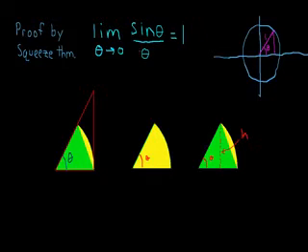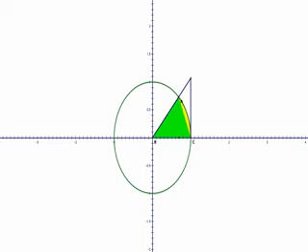Okay, so first things first, let's go to a different screen and look at the following construction. I've created a unit circle, and there are three objects on it. I have this great big triangle, this little green triangle, and behind the green triangle is this yellow sector.